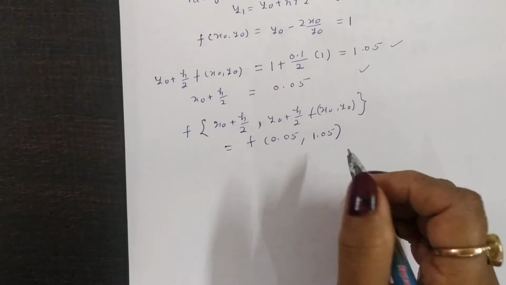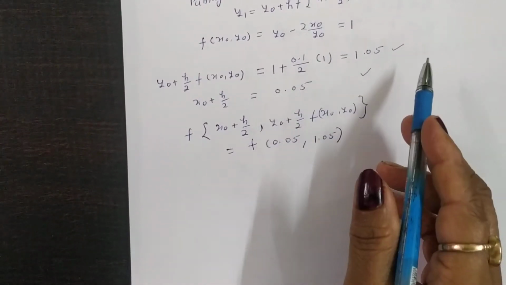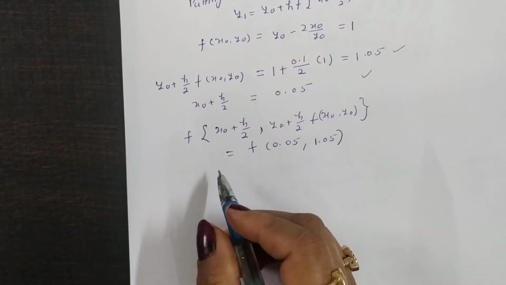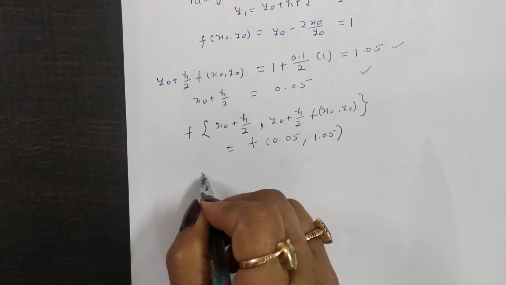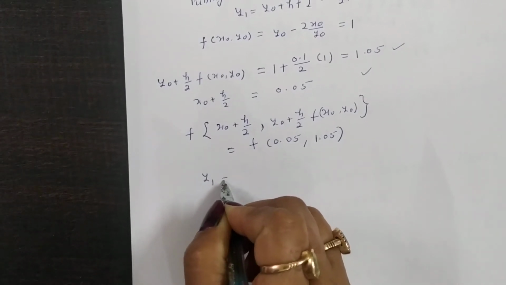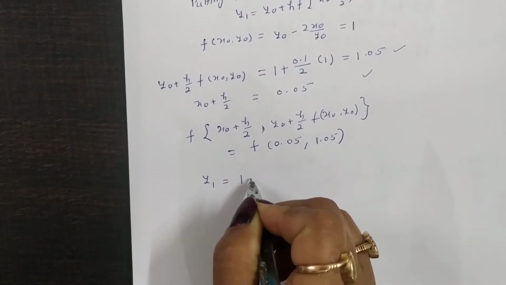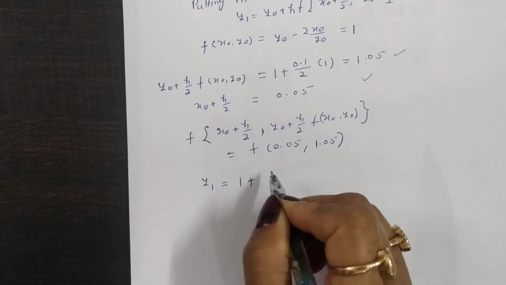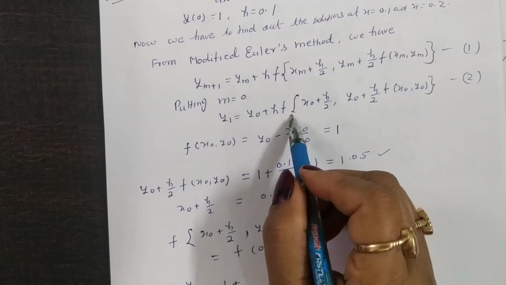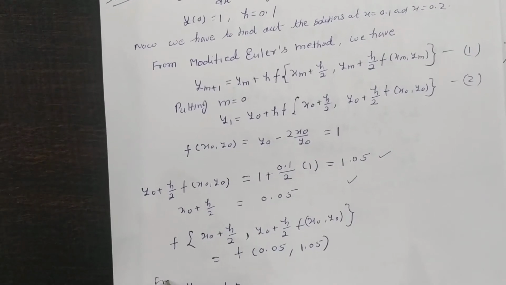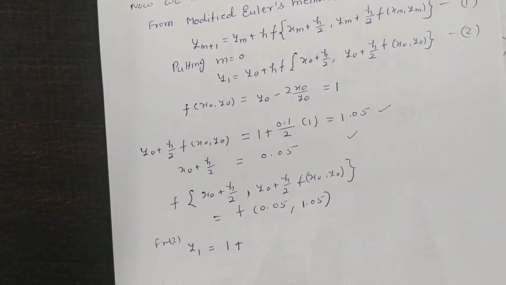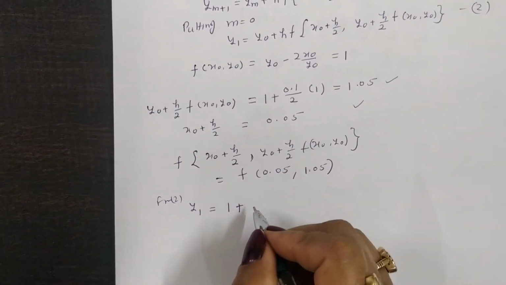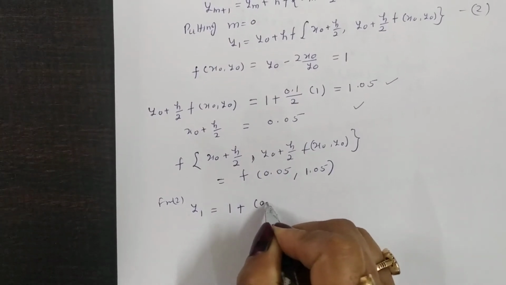Now substituting these values in equation number 2, therefore y1 is equal to y0, which is 1, plus h from equation 2, which is given as 0.1.